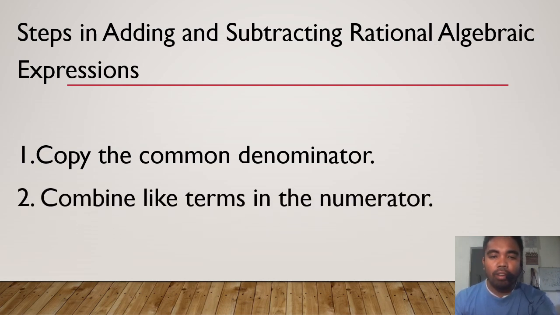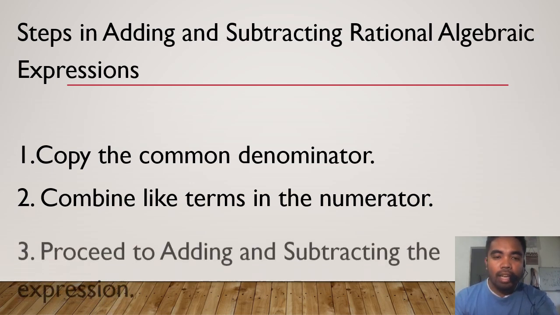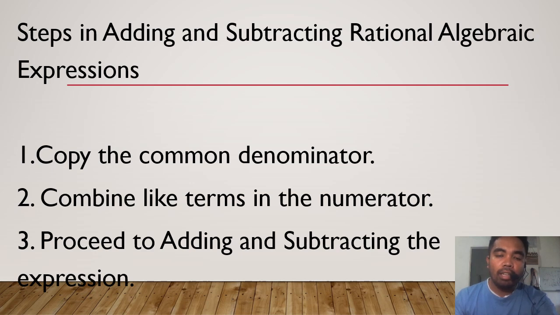Number two, after we copy the denominator, we combine like terms in the numerator. Number three, after we combine like terms, proceed to adding and subtracting the expressions. These are the three steps in adding and subtracting similar rational algebraic expressions.